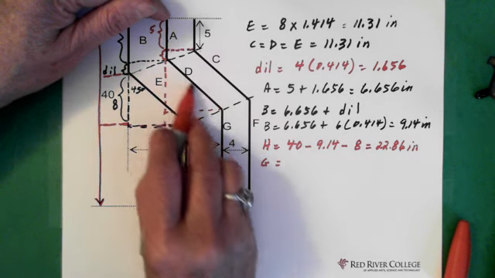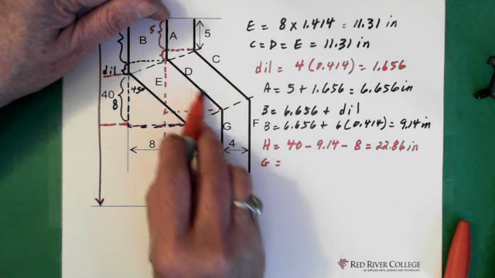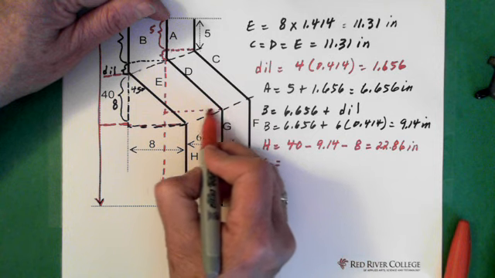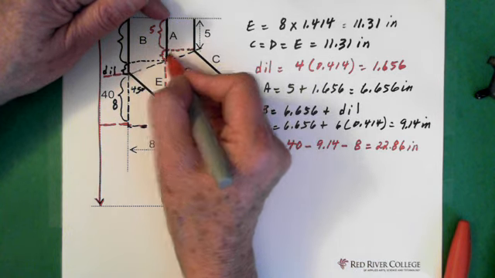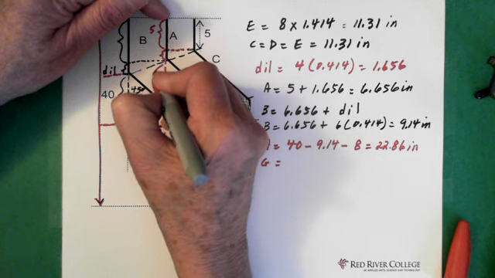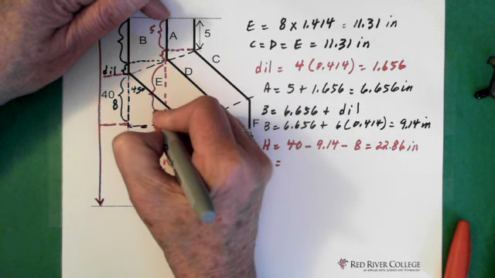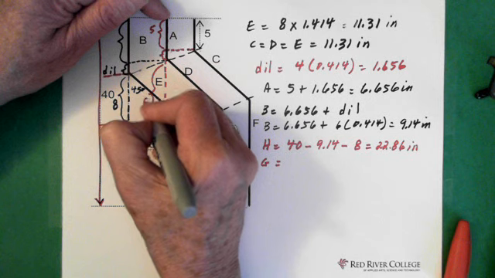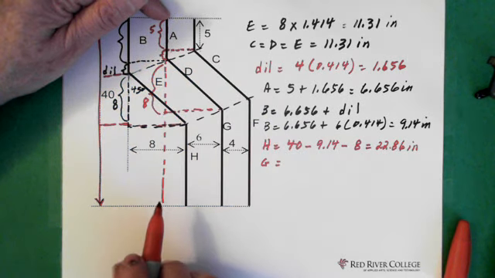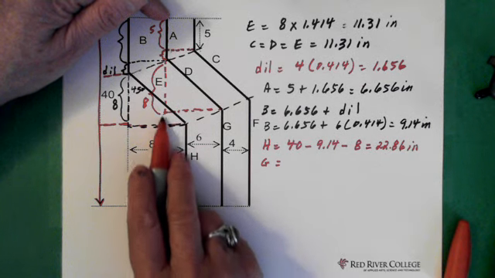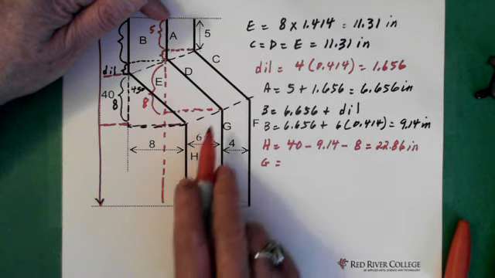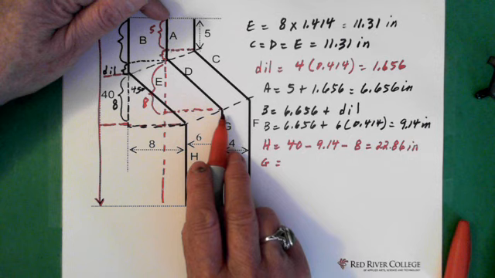Only we're talking about this triangle now, right here. So here we have a distance of A. Here we have a distance of 8. All right? So if we solve for this piece right here, we've got the length of G.